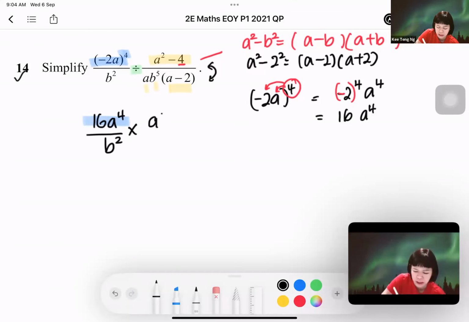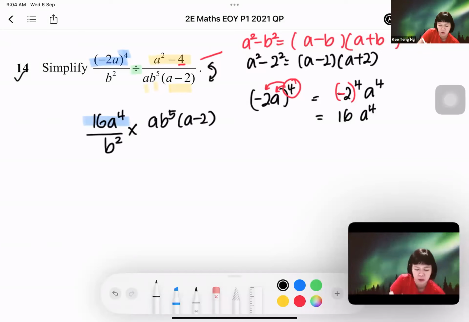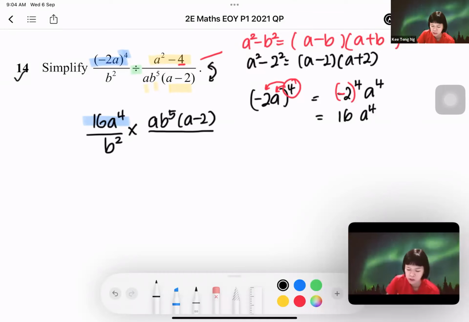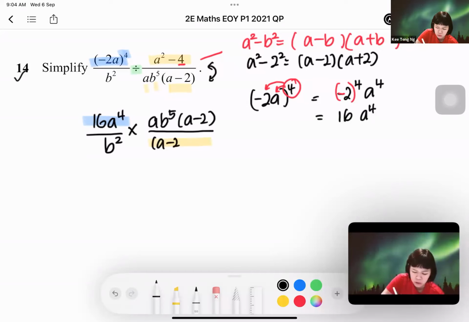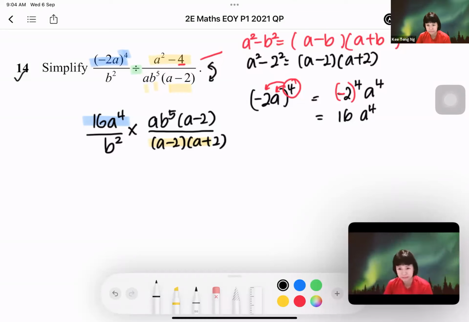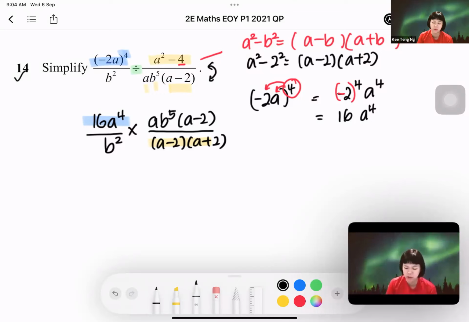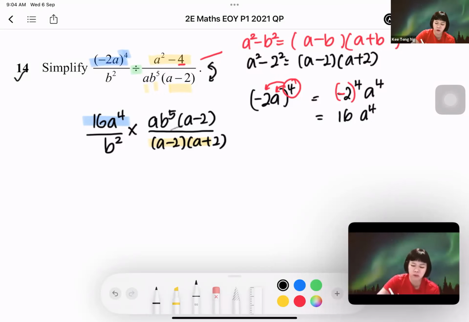So this will be ab to the power of 5, a minus 2 over, and this portion has been changed to our factorized form, a minus 2, a plus 2. Now we are going to simplify. What terms can we cancel away? This one is very obvious. A minus 2 can be cancelled.